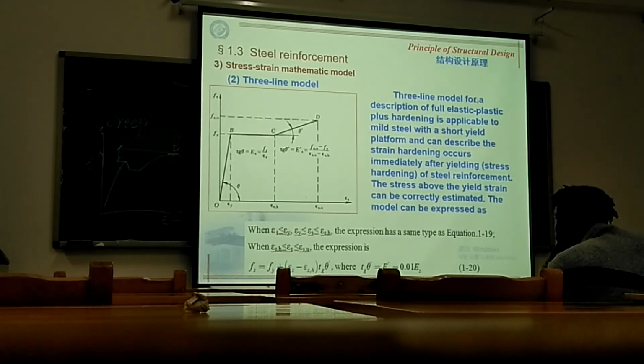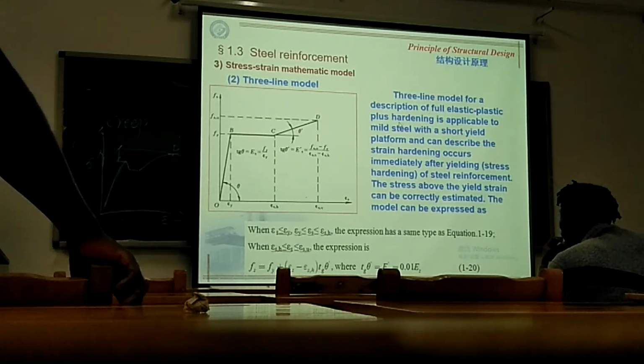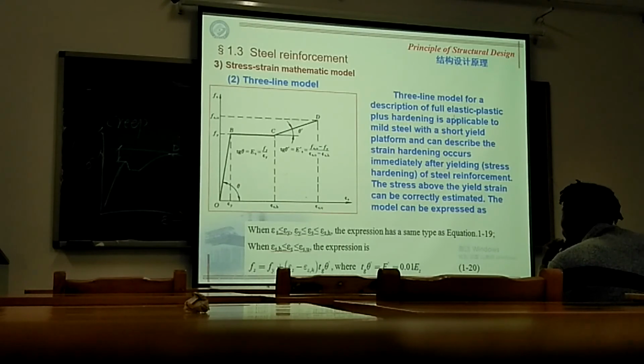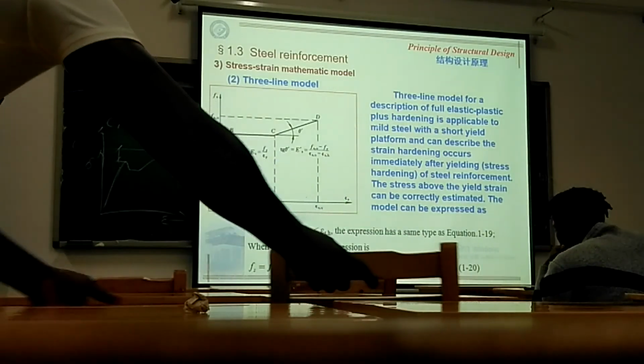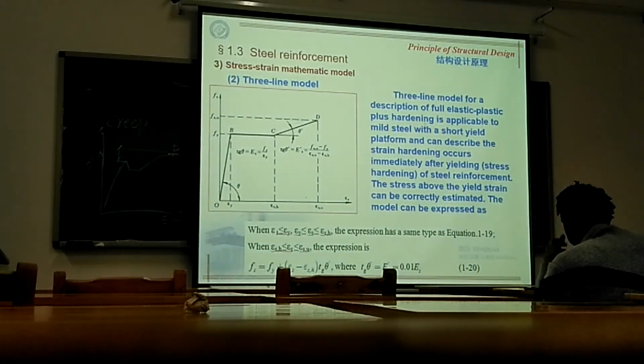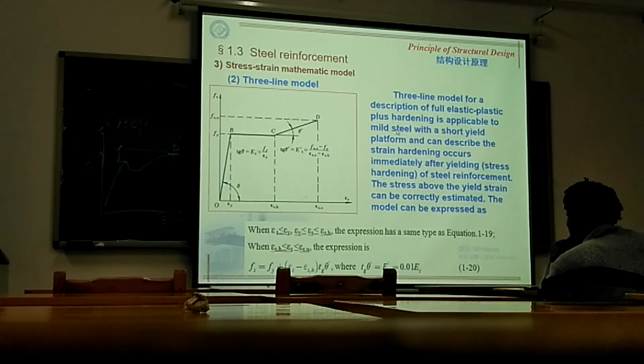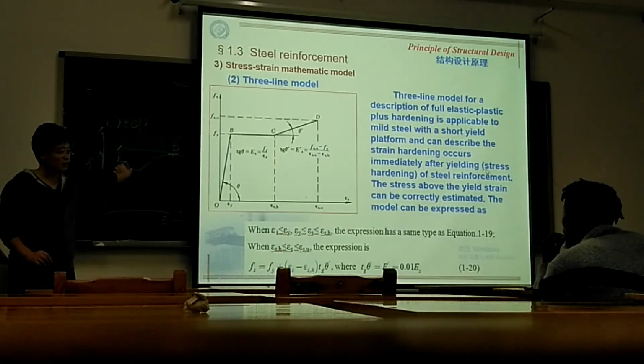So the straight line model for description of elastic plus hardening is applicable to mild steel with a short yield platform, and can describe the straight hardening occurring immediately after yielding. So that means this part will be very short.